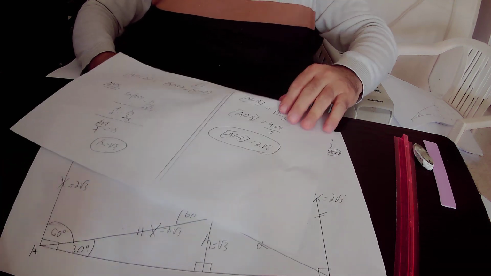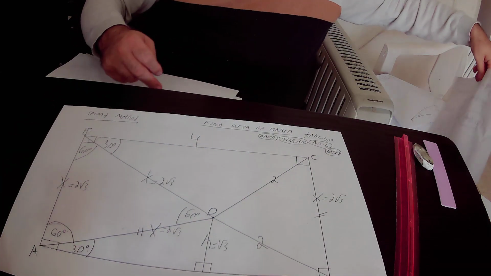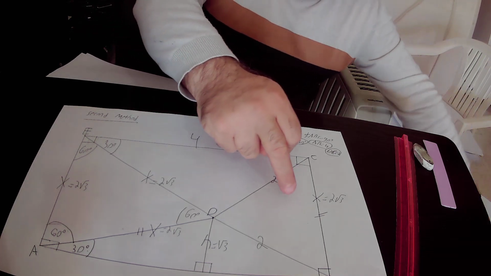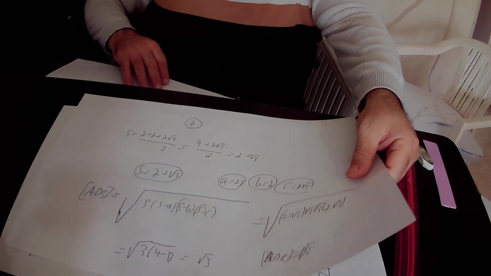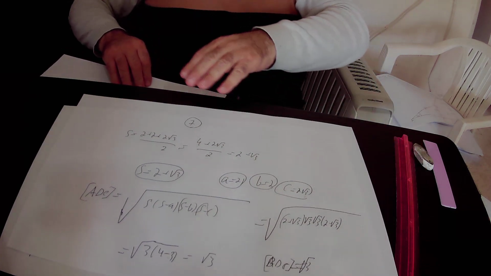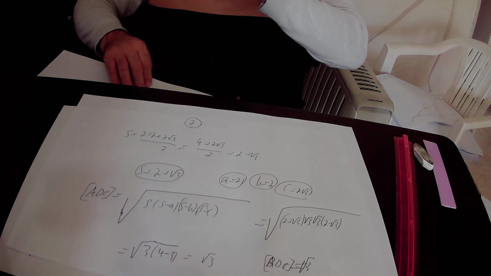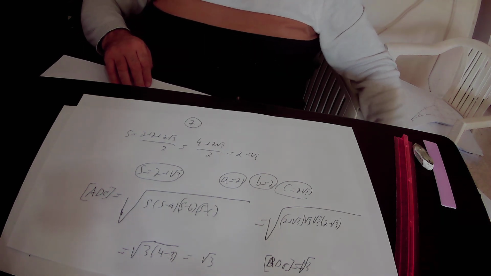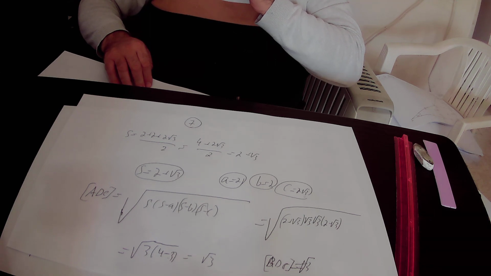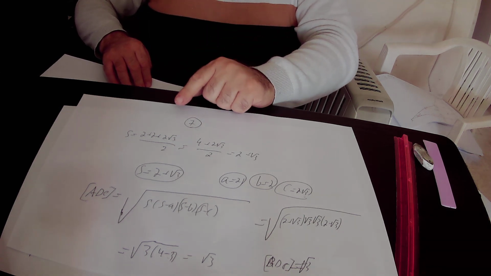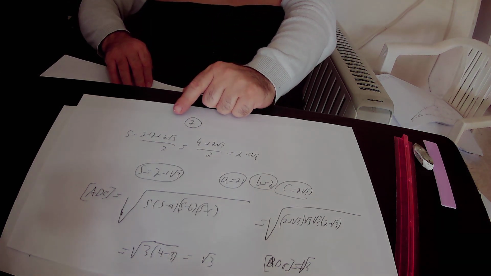And the only thing left to do is to find the area of triangle BCD. We use a special formula to find the area of triangle BCD. First of all, we calculate the semi-perimeter of triangle BCD, which equals the sum of its sides over 2.